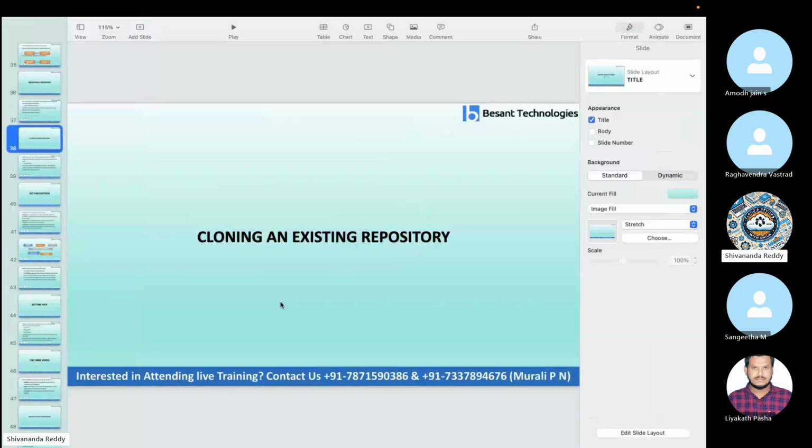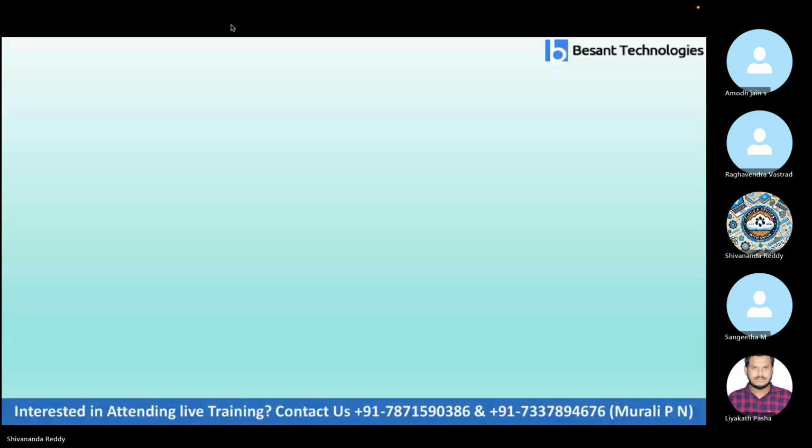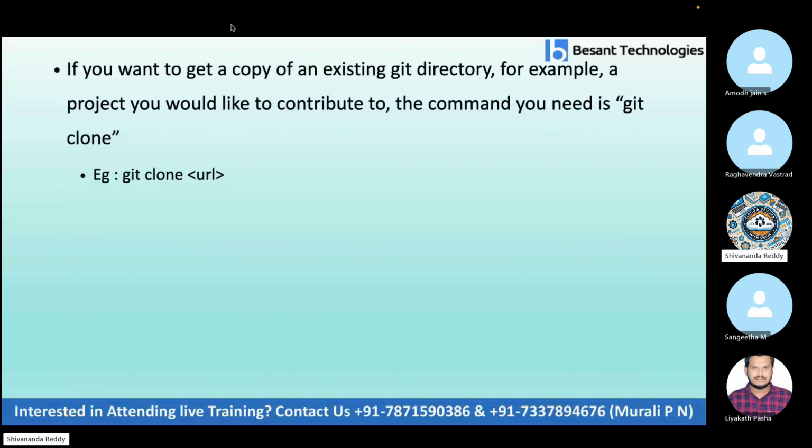Cloning an existing repository. If you want to get a copy of an existing Git repository, for example a project you would like to contribute to, the command you need is git clone. We type git clone followed by the URL. What is this URL?